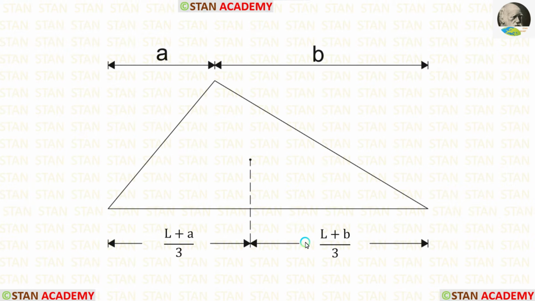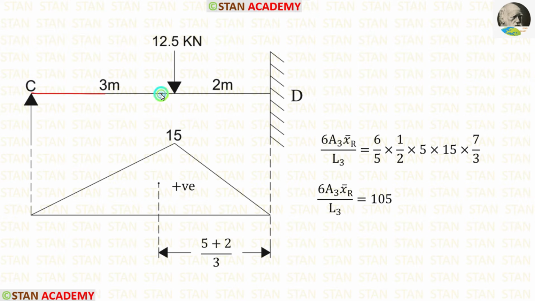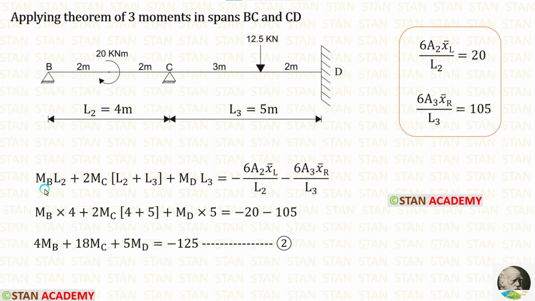In this kind of triangle, the centroid distance towards the right is L plus B upon 3. Here L is 5 meter, B is 2 meter. Let us apply the values in the formula. So for the centroid distance towards the right, we are getting 7 upon 3. Finally, after the calculations, we are getting 105.